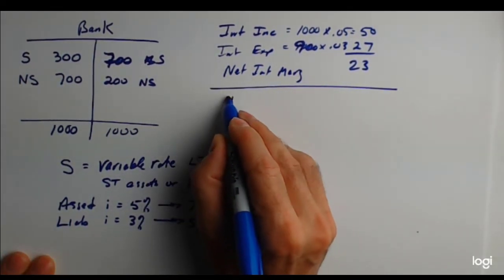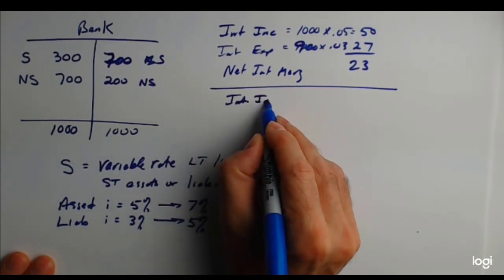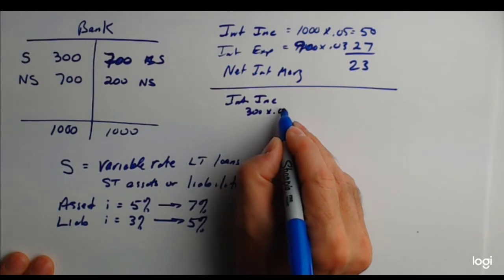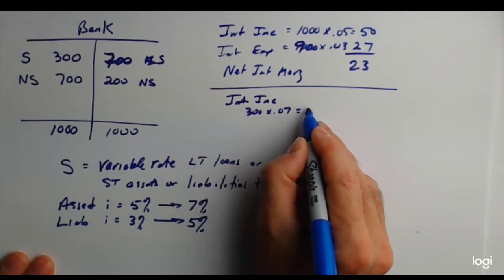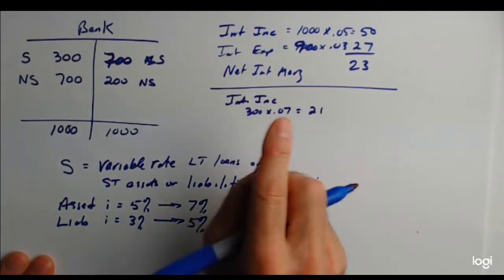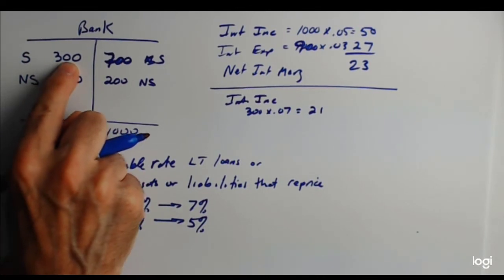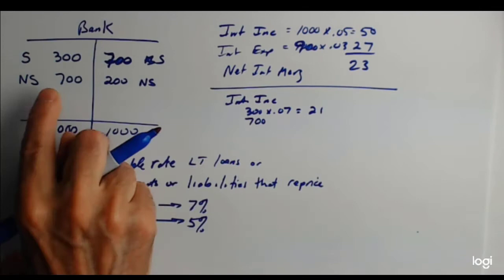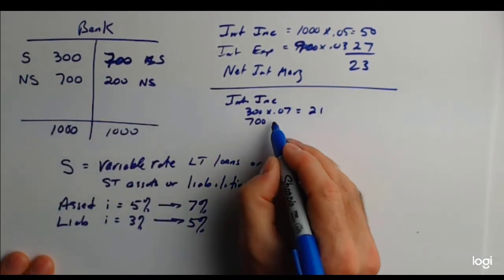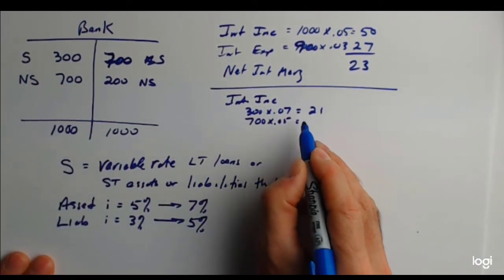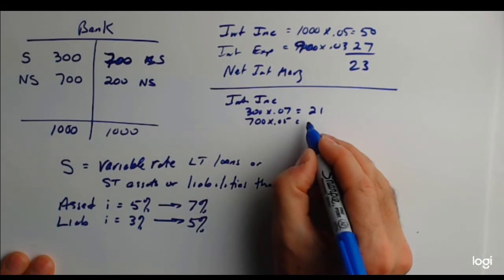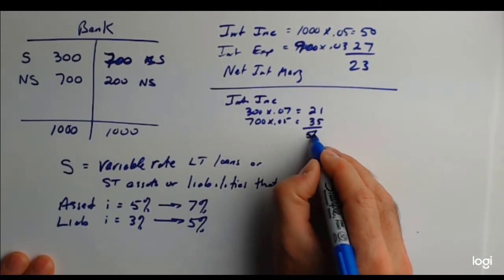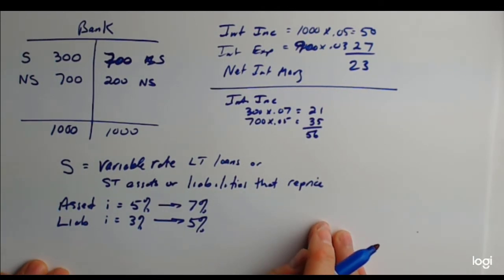Interest income will be 300 times 0.07 equals 21. So this goes up from 5% to 7%. And then the insensitive stays the same at 5%, so you can see it's insensitive to interest rates. This is 35. So interest income is a total of 56.